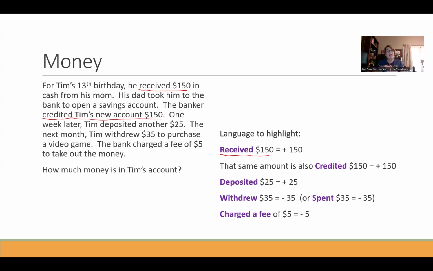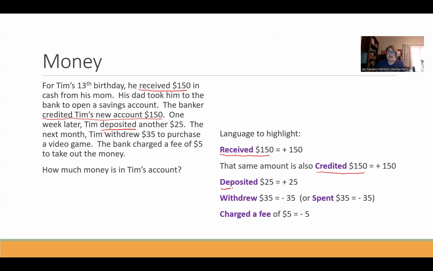So Tim did not get $300 magically, right? It's that same 150, but there are two different words that are referring to that positive 150. So again, just making sure that students know credited means the same as you now have a positive $150.